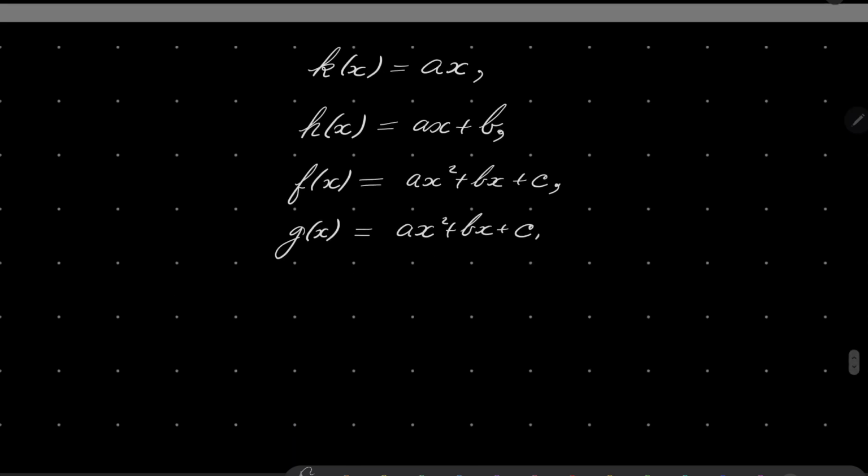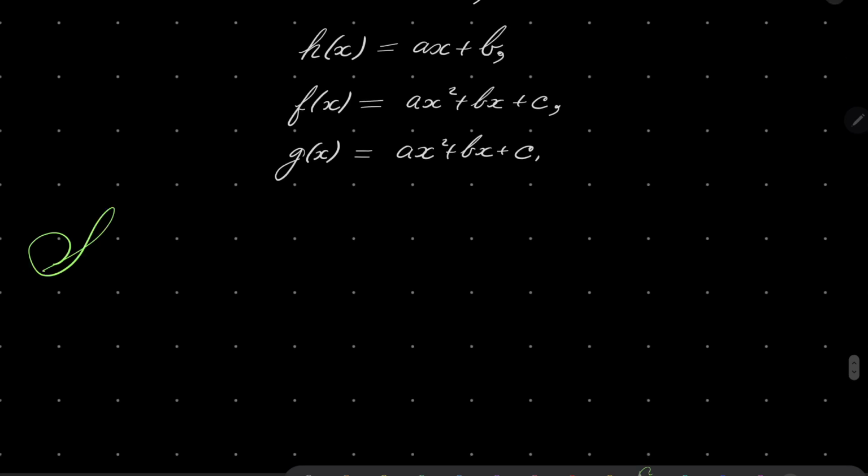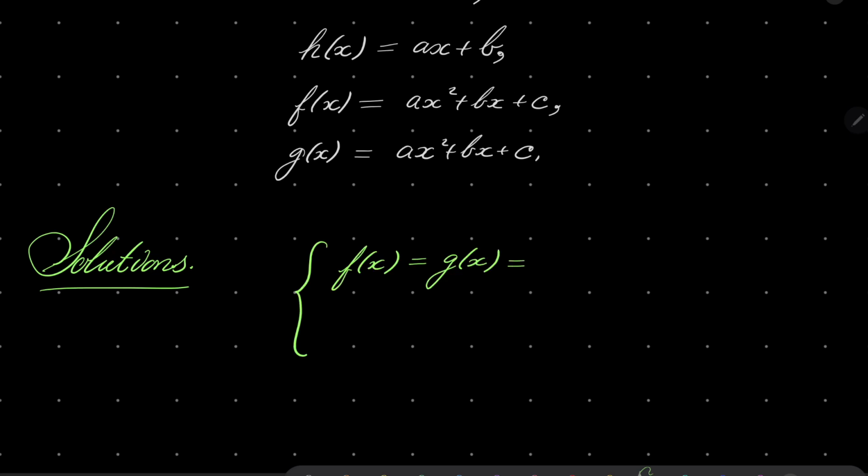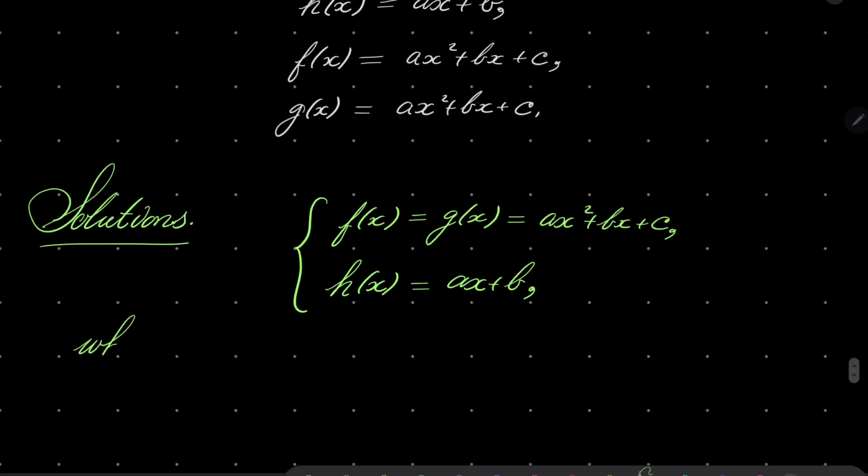So it looks like that our solutions should be the following triples of functions. F of x equals g of x equals ax squared plus bx plus c, and h of x equals ax plus b, where a, b, and c are real constants.